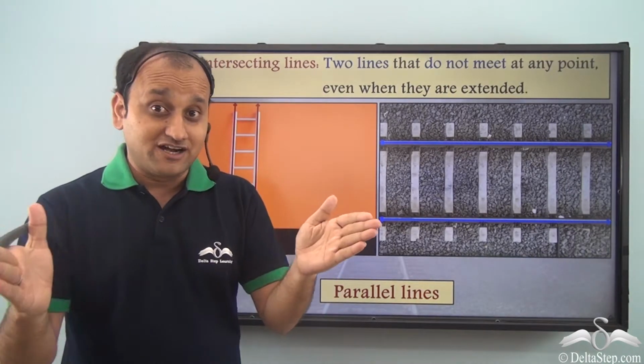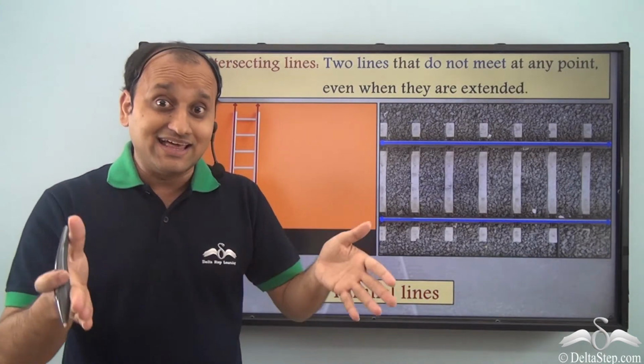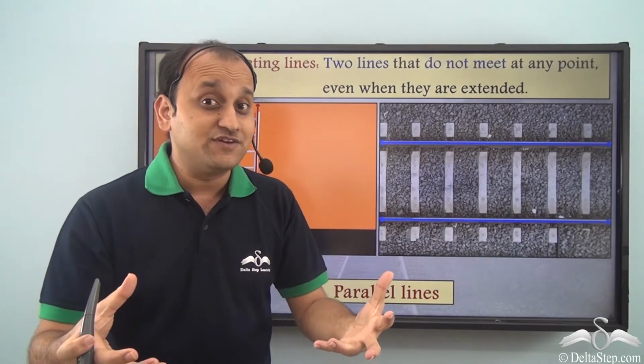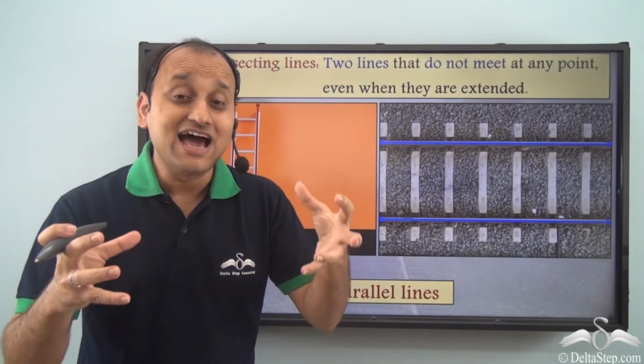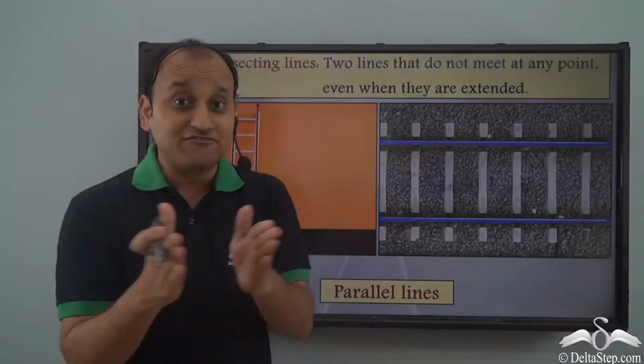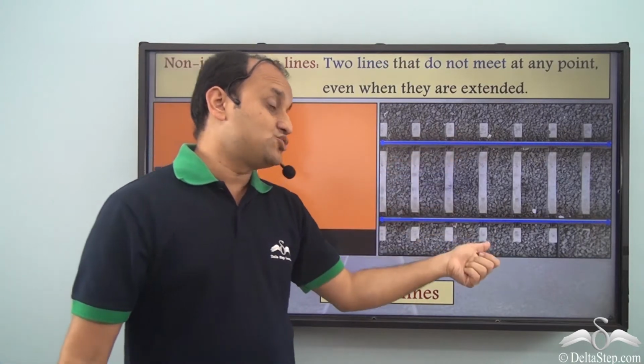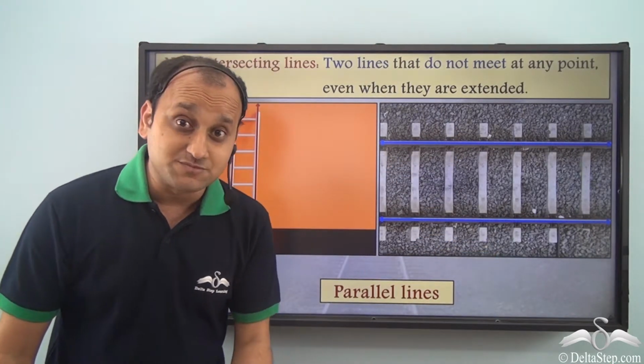Because if the distance changes, then the train will derail, because as we know the wheels are fixed in their position. They have a fixed distance between them. So the tracks need to have a fixed distance between them.